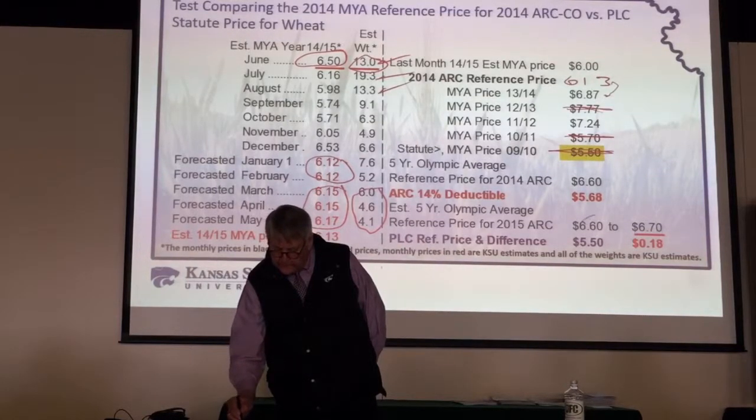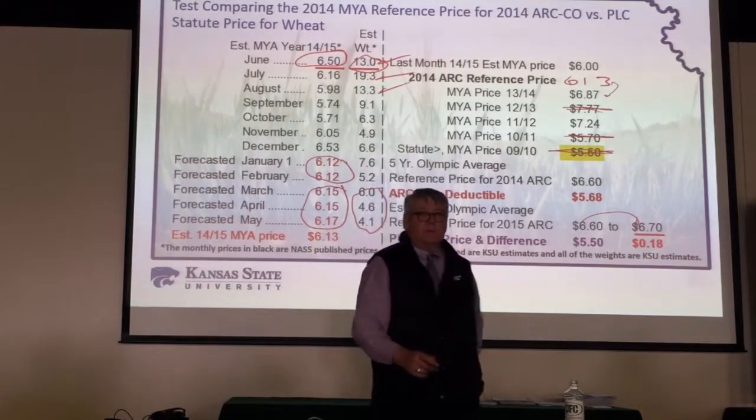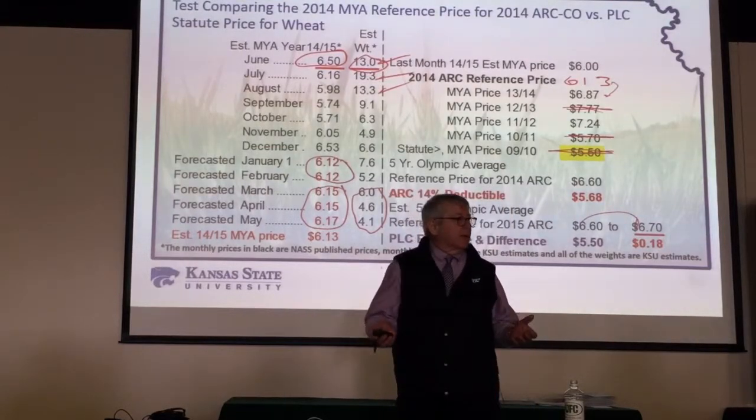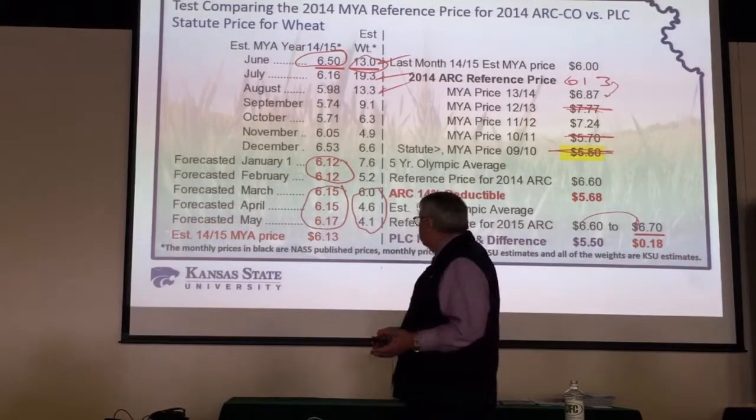And what that's going to do is it is going to increase the price. And I'm virtually certain we're looking at an increased price on wheat. Now, you could have a lower county yield and actually drop the guarantee, but the price itself is going up.